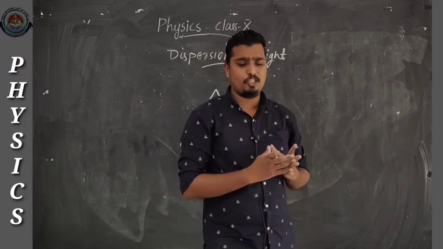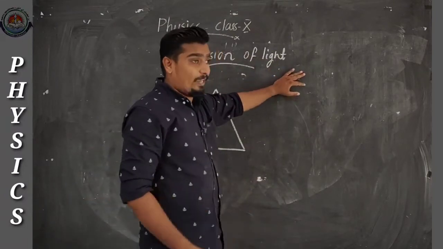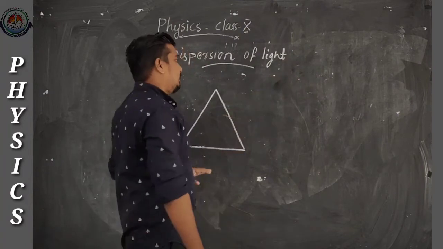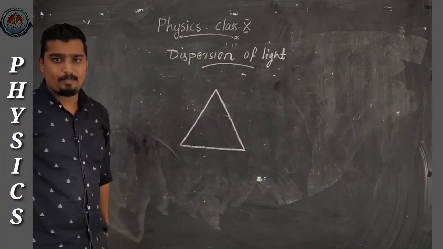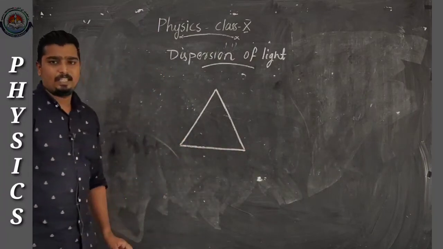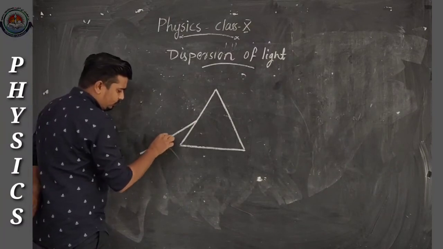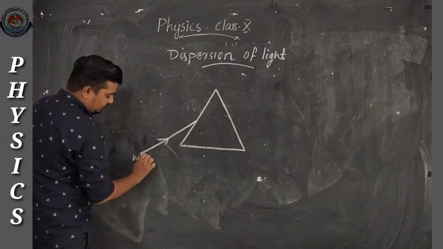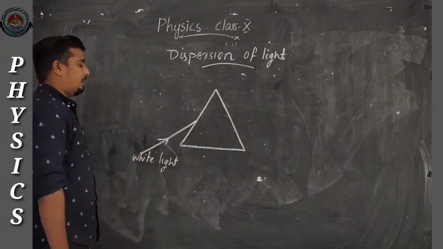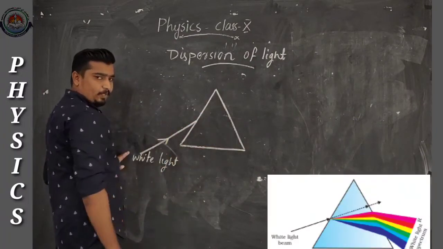That is dispersion of white light through a glass prism. For that I am considering a glass prism and a white light. The white light is passed into this glass prism.